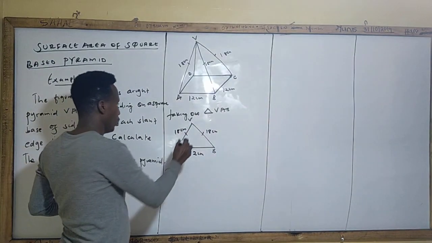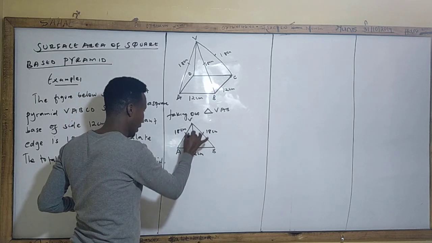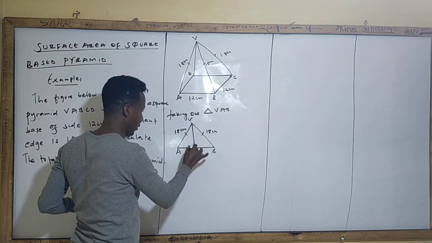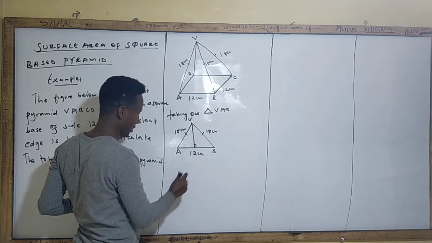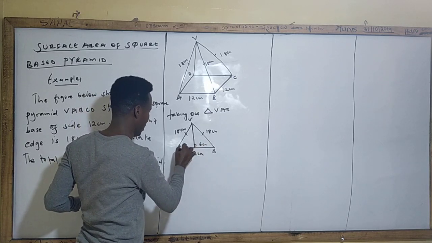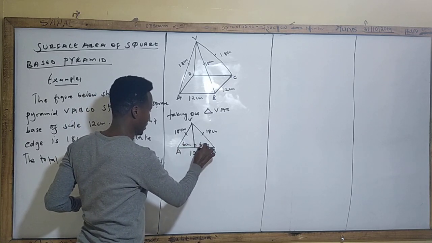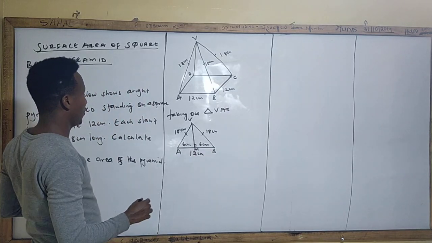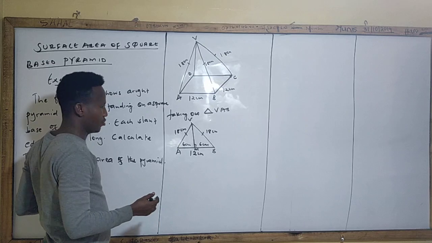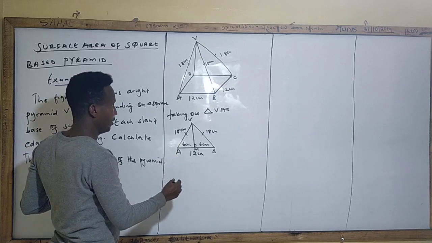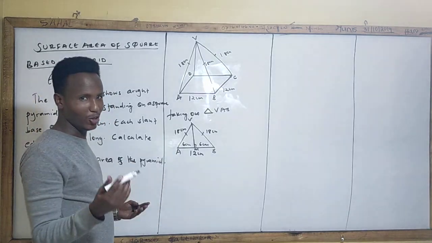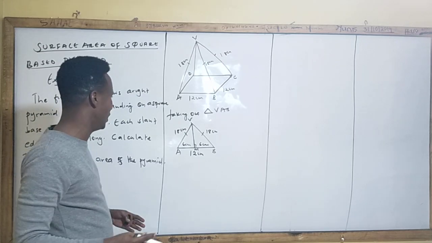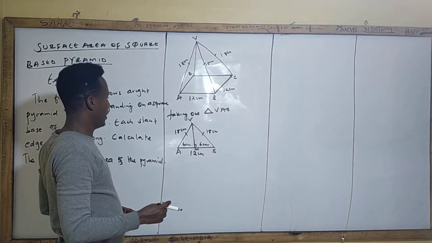What are we going to do? We will drop a line from point V, perpendicular to the base line. So here we'll have 6 centimeter, here also 6 centimeter. Let's call this point M. Now, using Pythagoras theorem, the property of a right-angled triangle, let me get the height, because for you to get the area of a triangle, you must have the height, unless you're using Hero's formula.